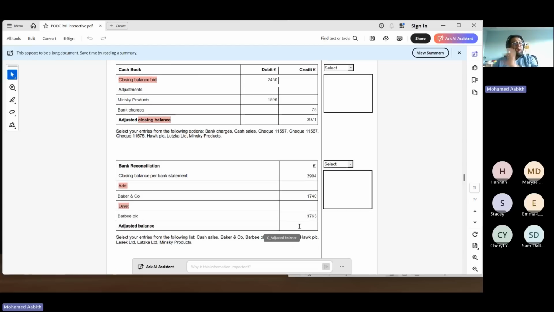They only want you to know what number we're going to put there. So once I reconcile this, 3994 plus 1740 minus 1763, I'm going to have 3971. That number is exactly the same number we have on my adjusted cash book. That means my bank reconciliation did work.